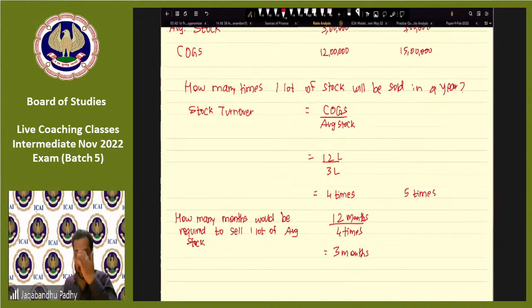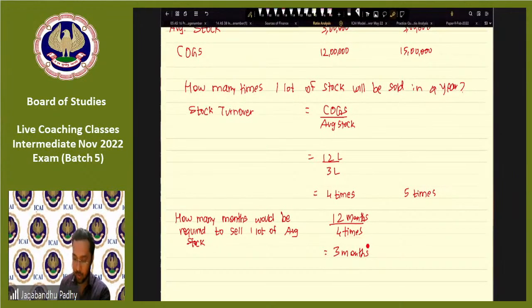Or basically, I can say after every 3 months, you're making your sale. Like at the 0th month, you made a sale, then in the 3rd month, then in the 6th month, then in the 9th month. So in a year, you will be making 4 sales. So the gap between the two sales is 3 months, right? So you'll require 3 months to liquidate it.